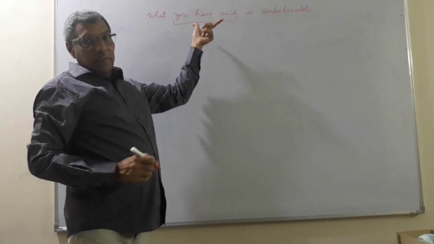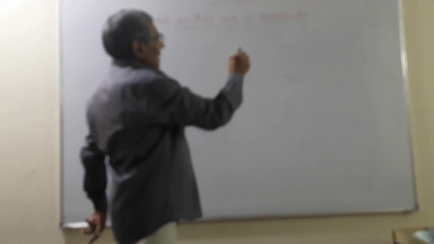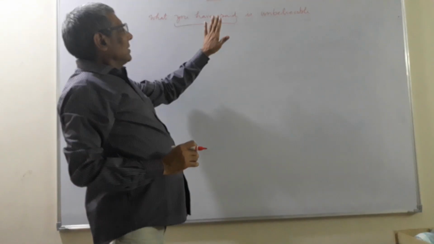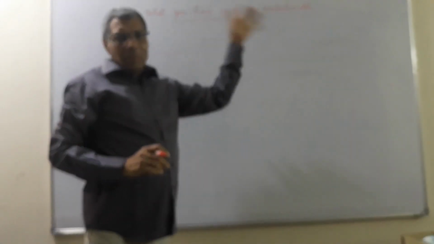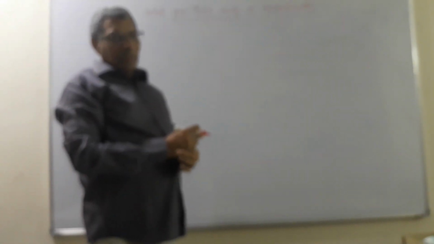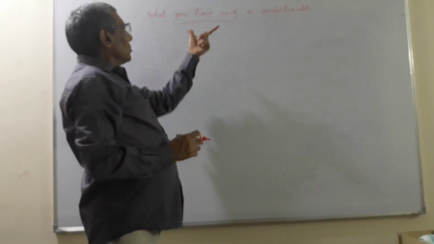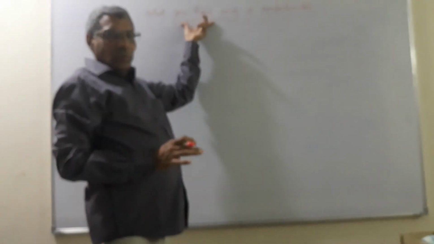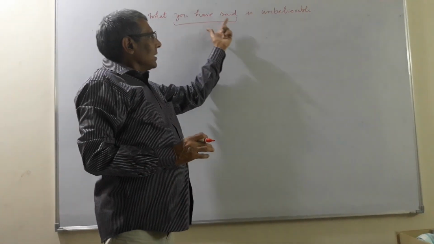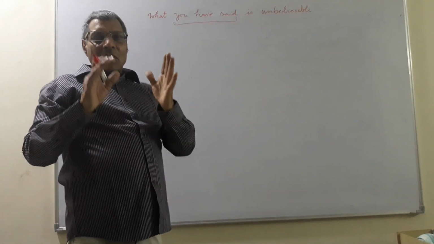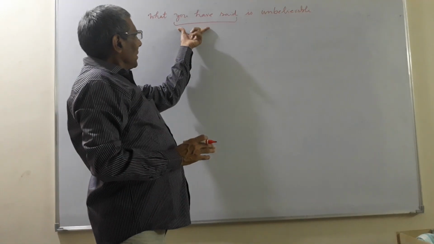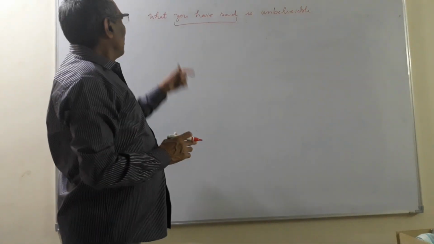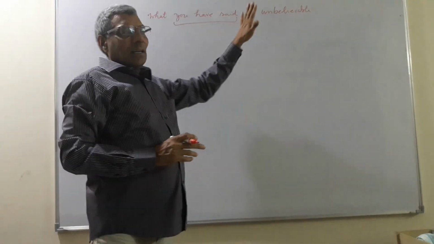What you have said is unbelievable. If I say your statement is unbelievable, statement is a noun. So this whole sentence is replacing a noun. That is why this sentence is called a noun clause, and it is being used here as the subject of the verb is. What you have said is unbelievable.